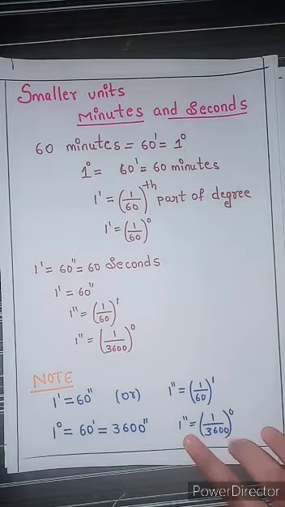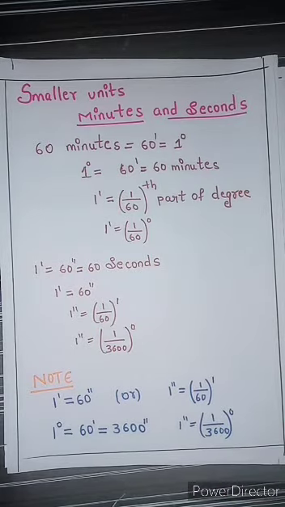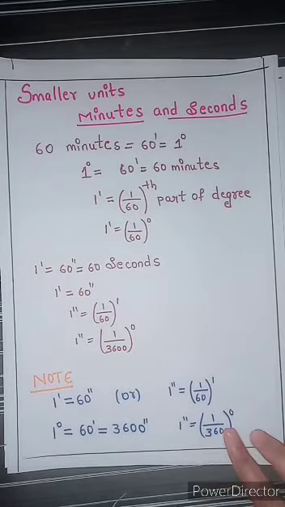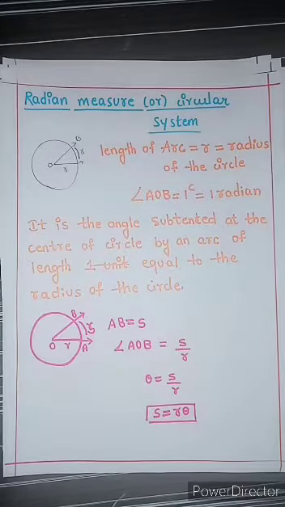This is in minutes and this is in seconds. And 1 second is equal to 1 by 3600 degree.